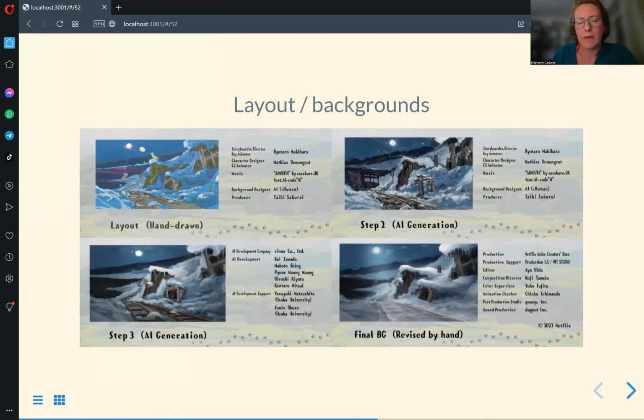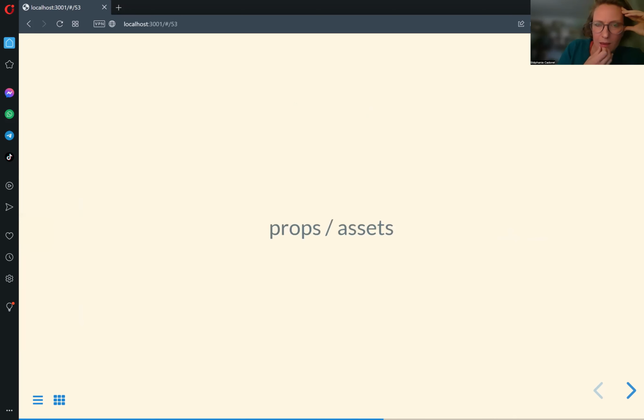So we can actually imagine mixed processes, from sketches to images generated from artistic direction produced by humans. There are tools that allow us to do stuff like that, like Adobe Firefly and NVIDIA's tools.